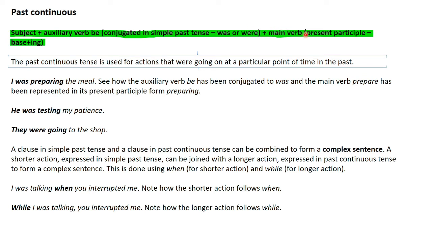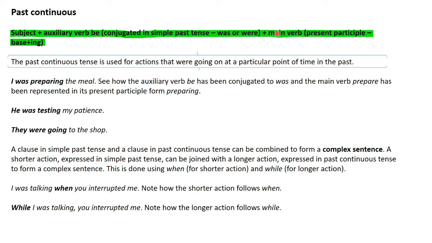Then comes the main verb, which is a present participle, that is the base form of the verb with ing added as the suffix. At this point, you should note the similarity between the structures of the present continuous tense and the past continuous tense. A present continuous tense had the subject plus the auxiliary verb to be conjugated in the present tense, is, am, are, like I am, he is, they are, and then we had the present participle.